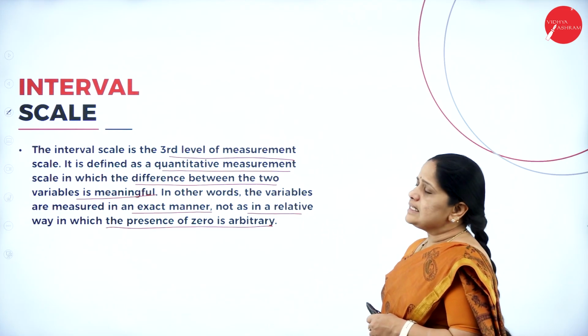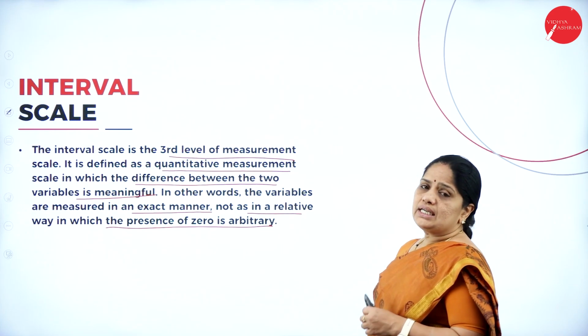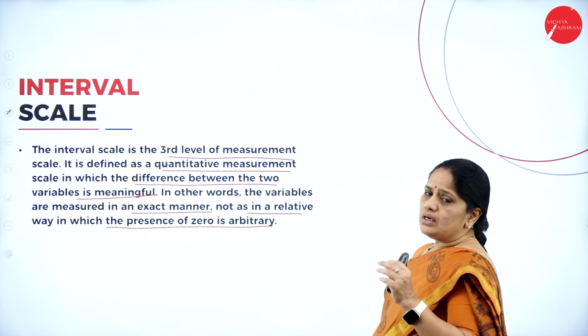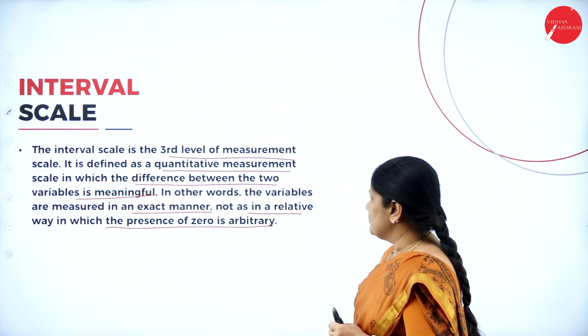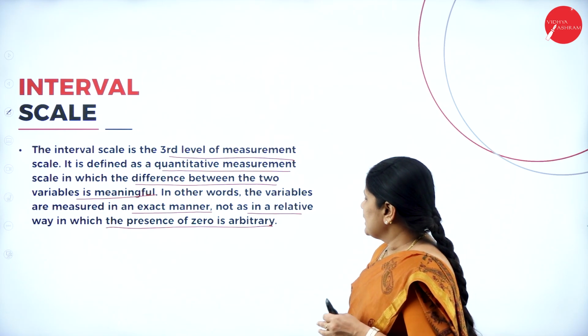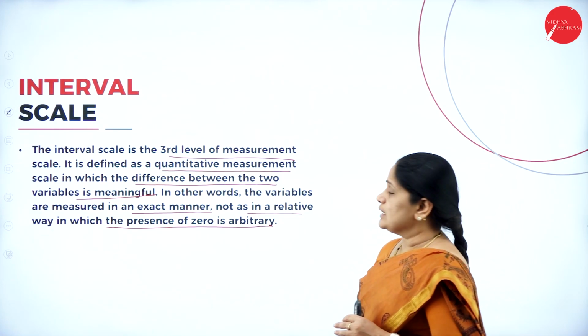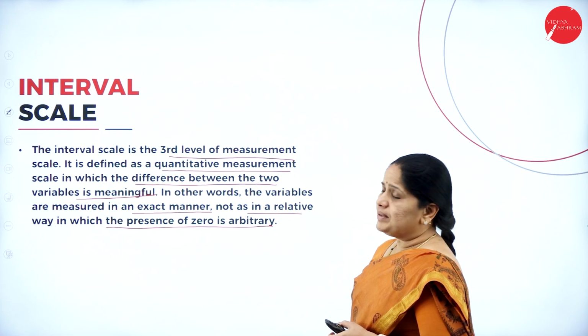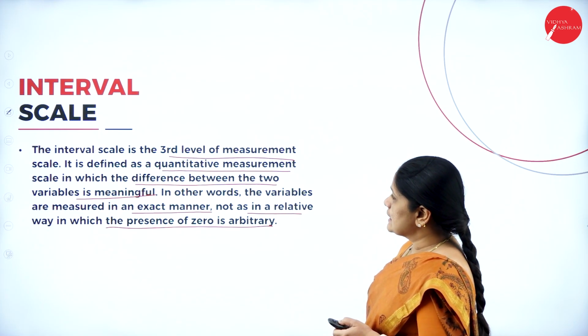So, they will know exactly what the measurement of the variable is, and there is no chance for any assumption here. The definite numbers will be put here. That is what we call the interval scale.